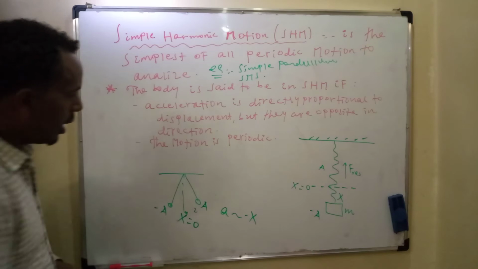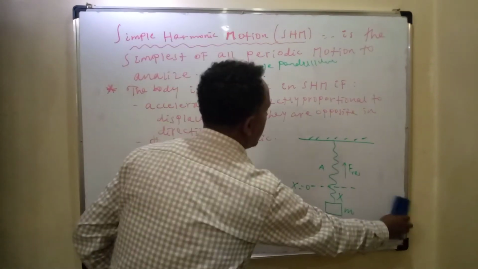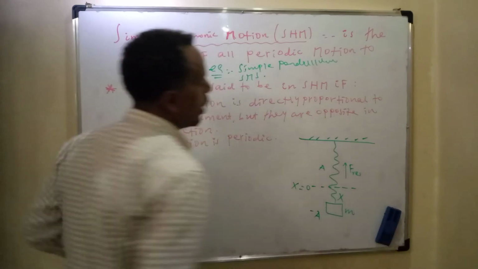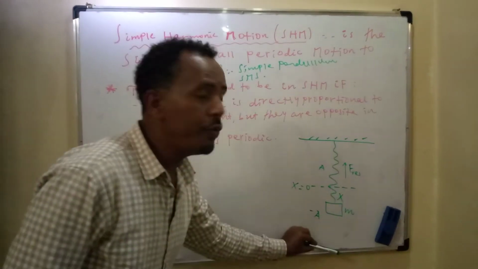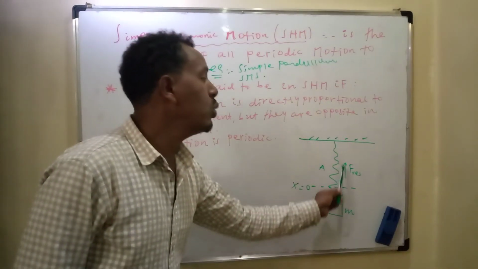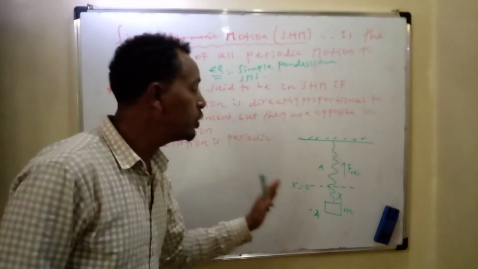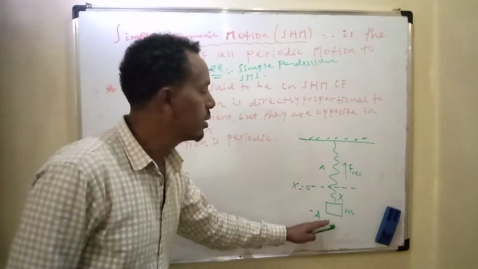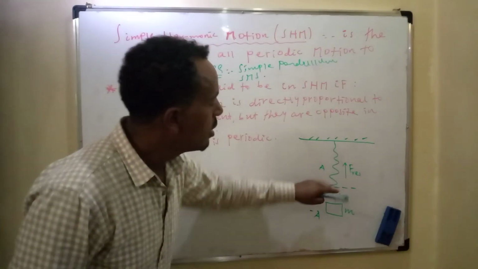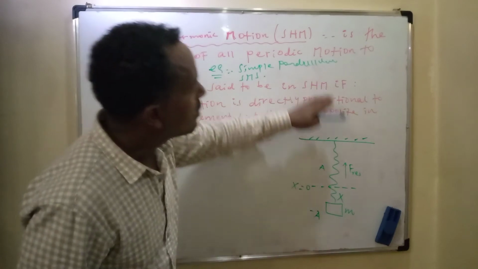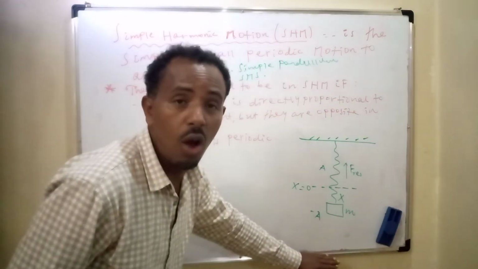Look at this spring mass system. When the spring is moving down, there is a restoring force of the spring that opposes the motion. When the spring moves down, the restoring force acts up. When the spring moves up, the restoring force acts down.